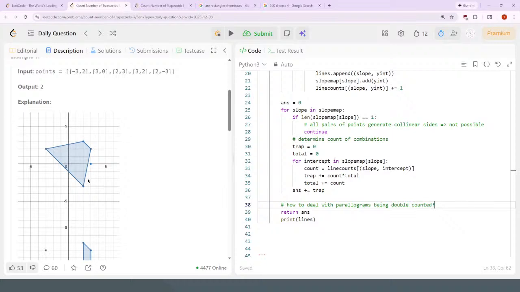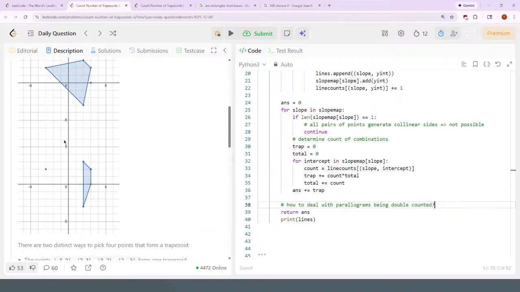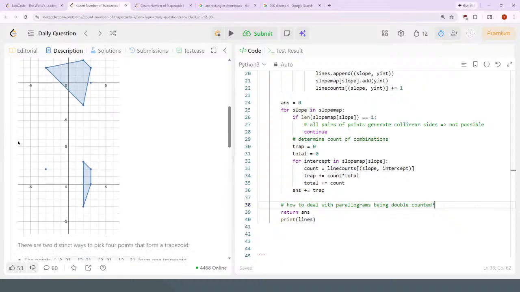So this one goes here, here. Well, these are the same points. Let's see.